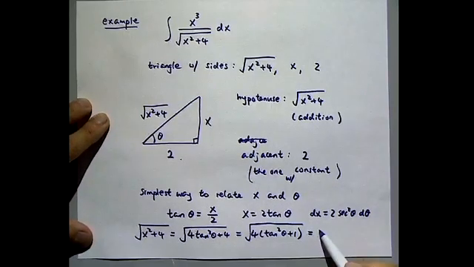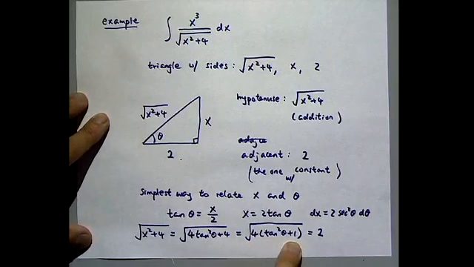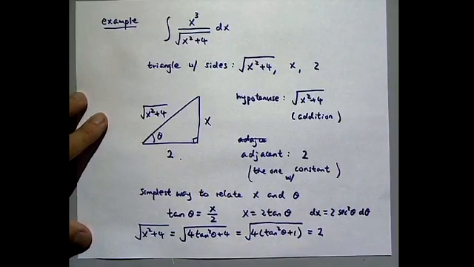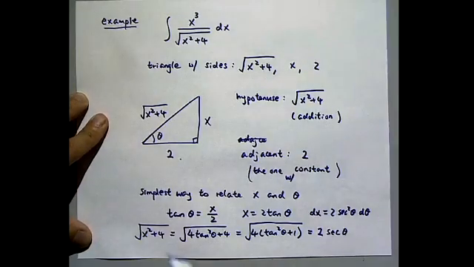4 comes out of the root and becomes a 2. What does tangent squared theta plus 1 turn into? Good, and under a root, secant comes out. And then x cubed. Well, that's simple.